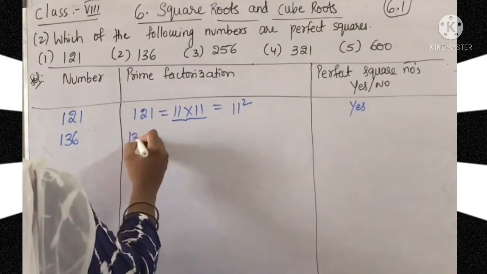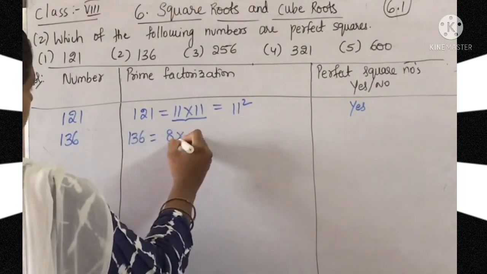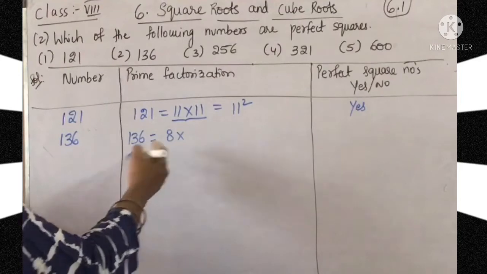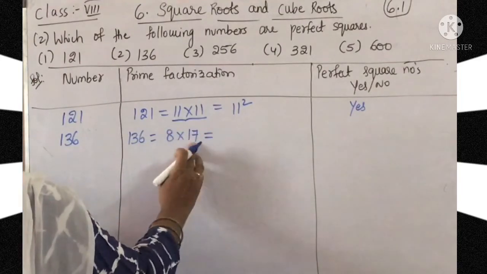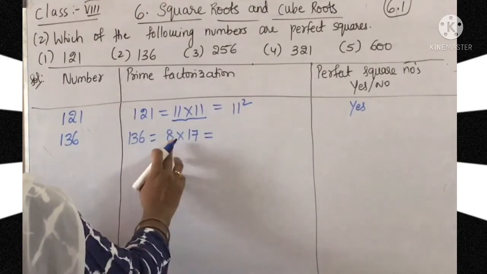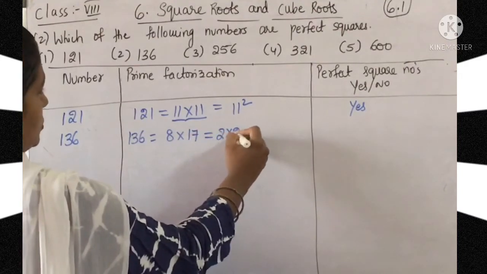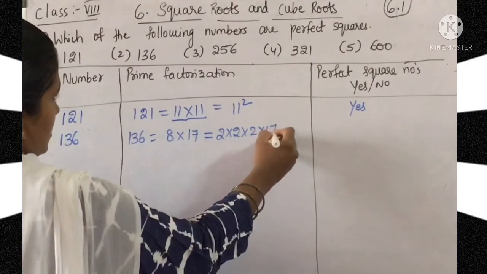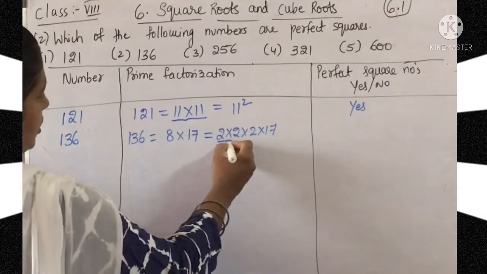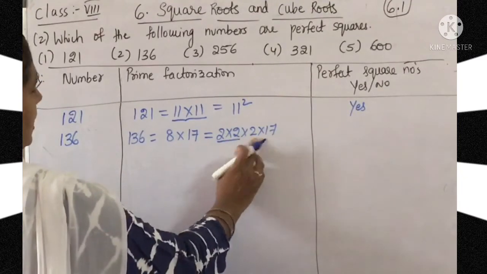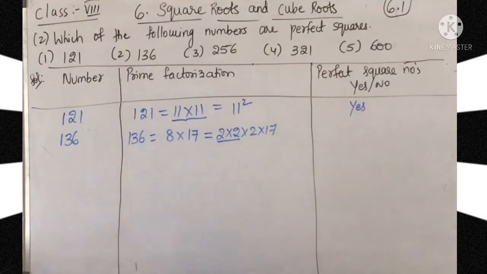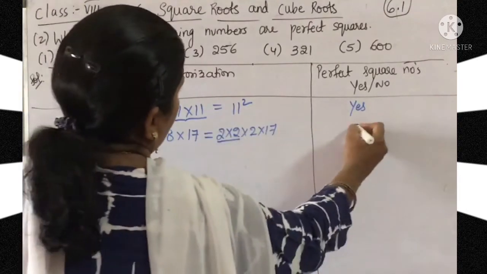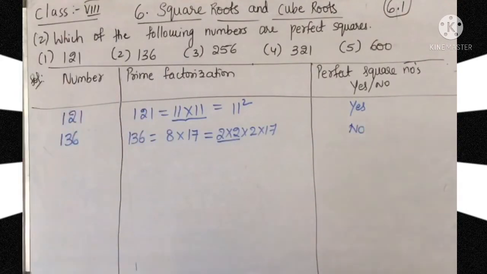You can write it in simpler form as 8 into 17. Here 17 is a prime number but 8 is not a prime number. So 8 can be written as 2 into 2 into 2, and 17. If you see here, 2 is repeated 3 times, and 17 is 1 time. So we can say blindly that this is not a perfect square.